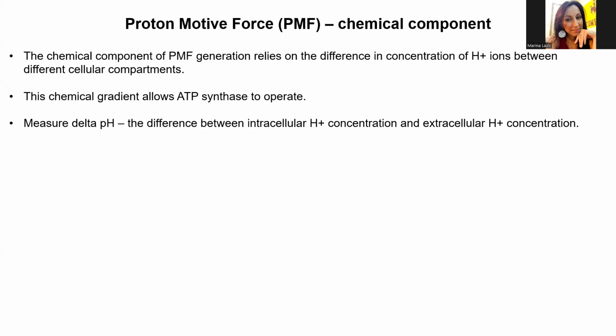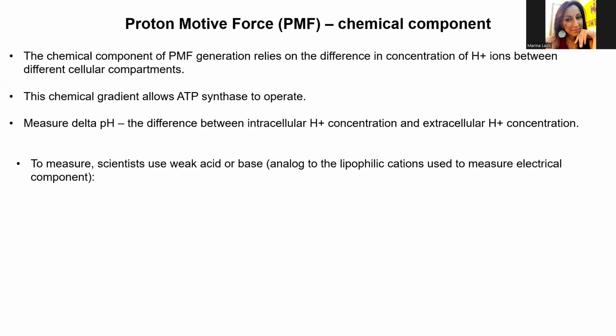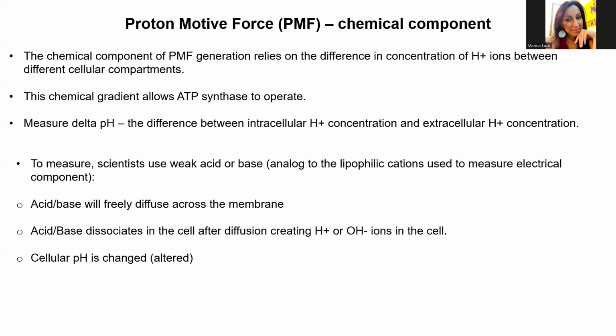Similar to the electrical component, if you want to measure the chemical component of the proton motive force, you will use an acid or base analog. So we don't have lipophilic cations anymore. You will use a weak acid or base, and the acid or base will freely diffuse across the membrane.